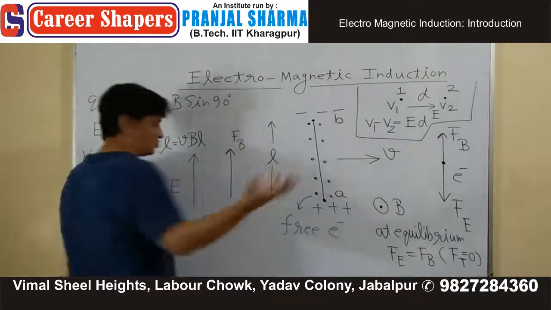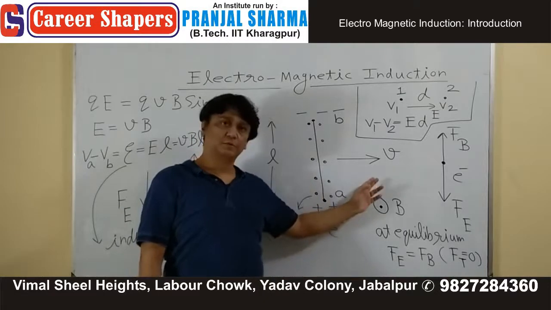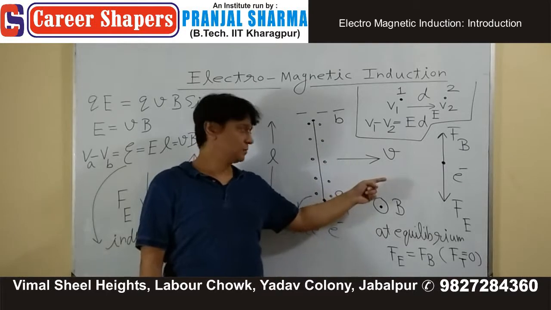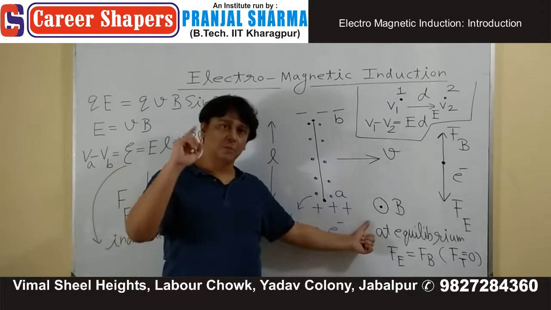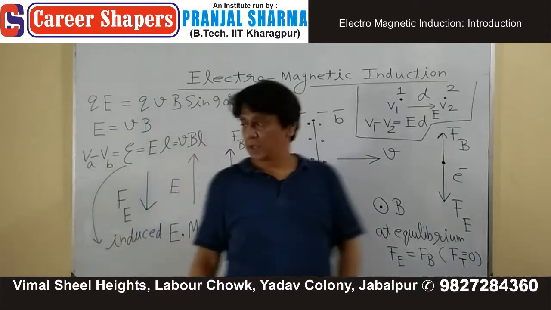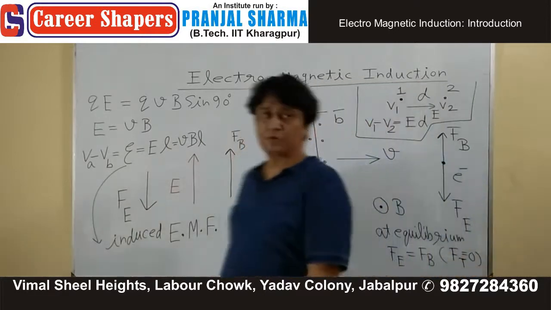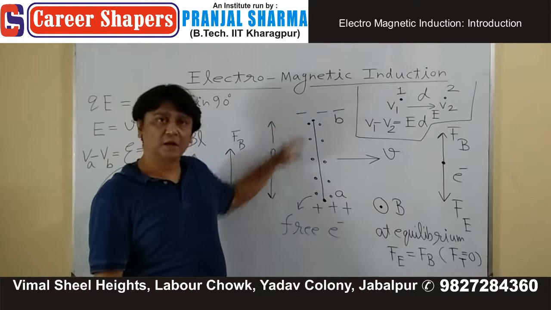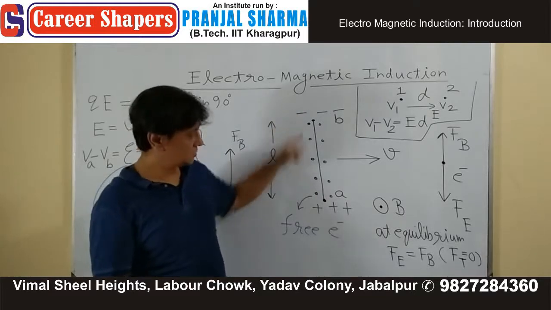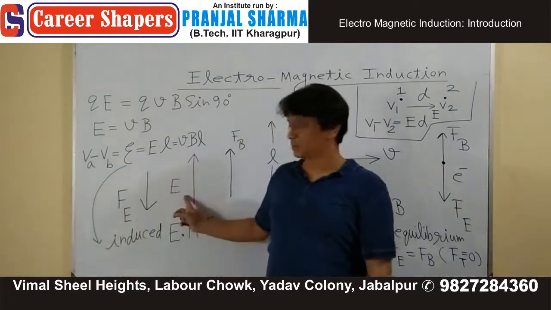In just 30 seconds, let me explain the whole thing again. As the rod moves, these electrons along with the rod start moving in the same direction. If a charge moves in the presence of magnetic field, then from the Lorentz force we know that FB will be present. This magnetic force moves these electrons, creating a polarization. Because of the polarization, an electric field develops.